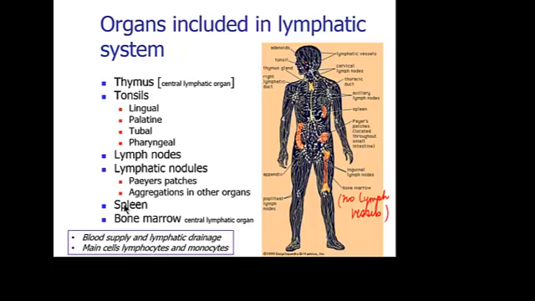Some areas of the body do not have lymphatic drainage, even though they may have a blood supply. The brain, the central nervous system, is one area that doesn't have lymphatic drainage. The bone marrow is another one. There are no lymph vessels in the bone marrow. And avascular structures like cartilage. Cartilage is avascular, epithelium is avascular. So again, they do not have lymphatic drainage.